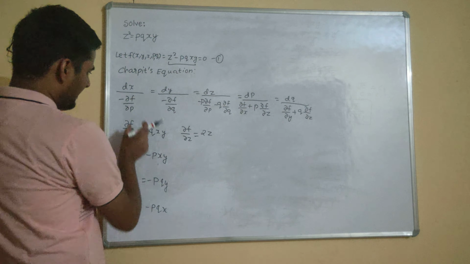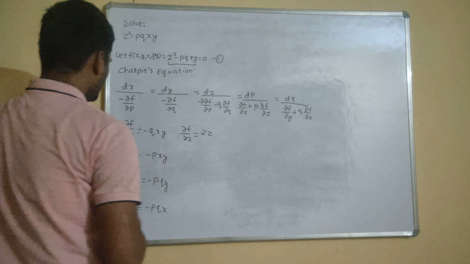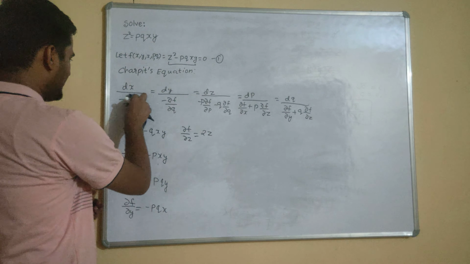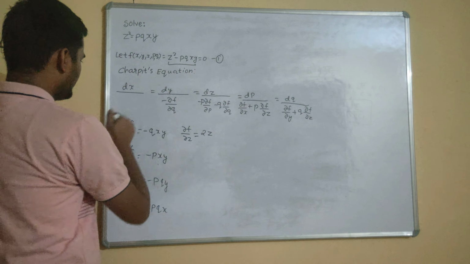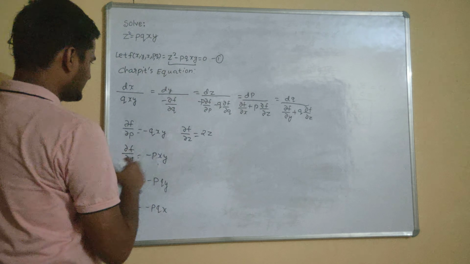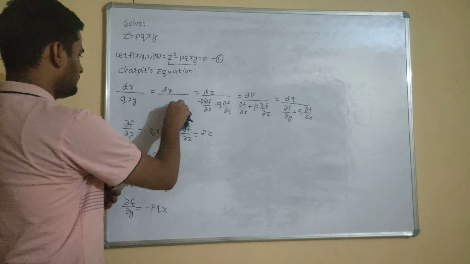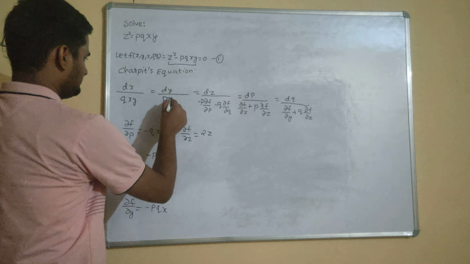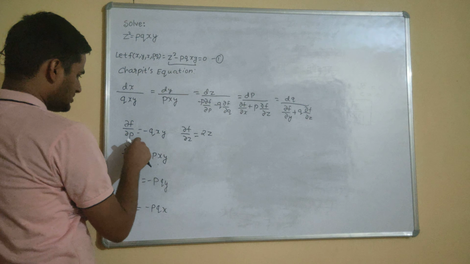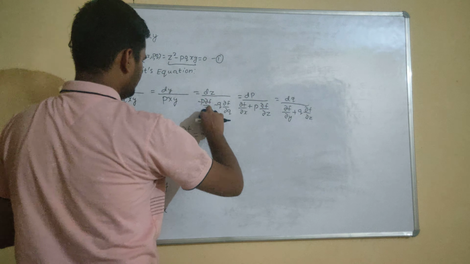Now put everything in this equation. So del f by del p is minus qxy; minus minus plus, simply write qxy. Here again minus minus plus, simply write pxy. Multiply this by minus p, so minus pqxy.